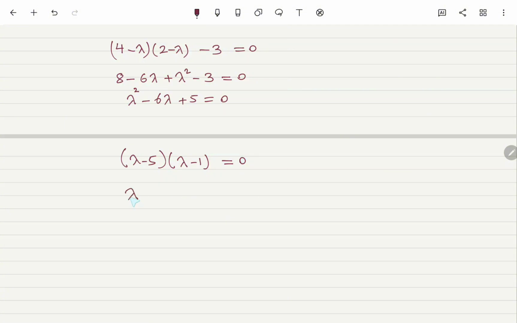So lambda could be 5 or lambda equal to 1. Therefore, the system has non-trivial solutions if lambda equals 5 or lambda equals 1. Other than that, the system will have trivial solutions.